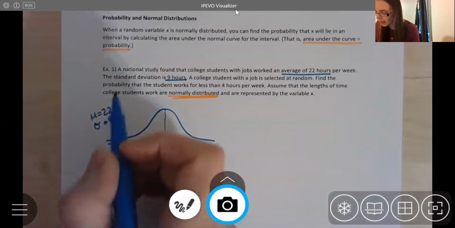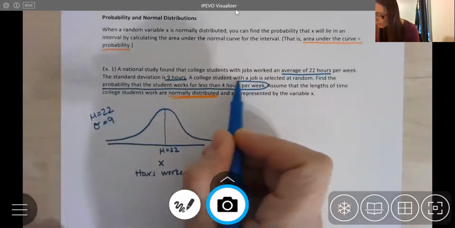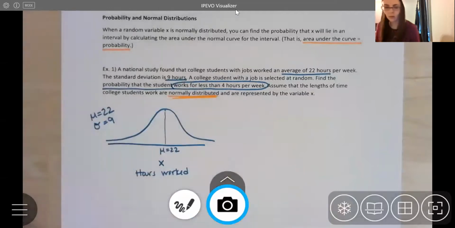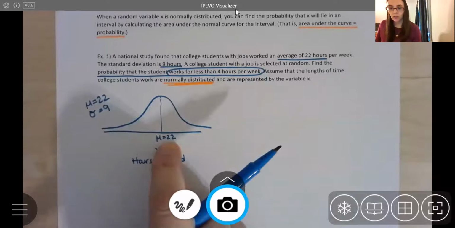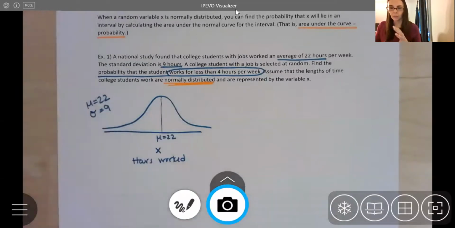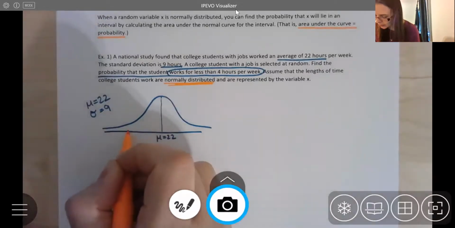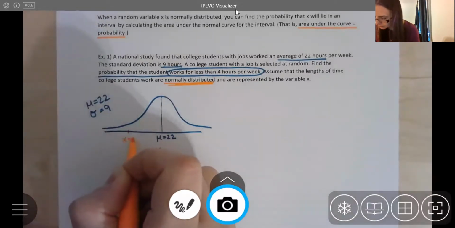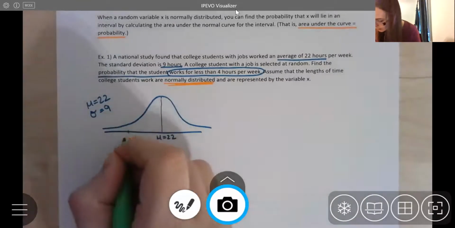I want to find the probability that a student works for less than 4 hours per week. Okay. So if my mean is 22, think about where the number 4 would go, right? 4 is less than 22. So it doesn't have to be perfect, but maybe it's like right here. Okay, let's do that in green so you guys can see a little bit better.